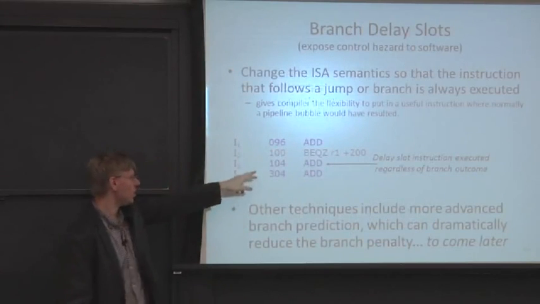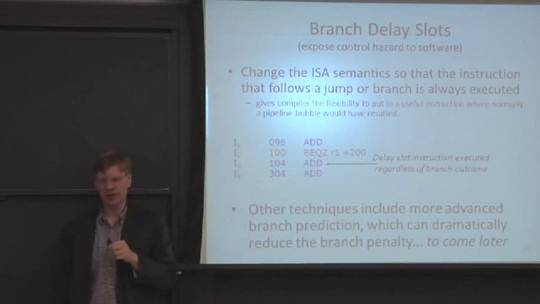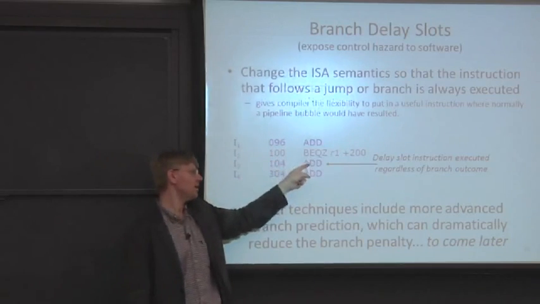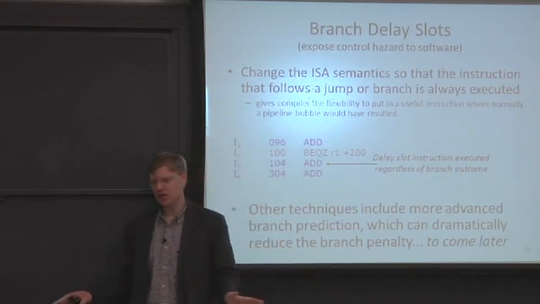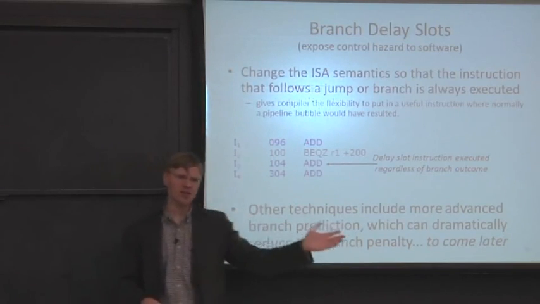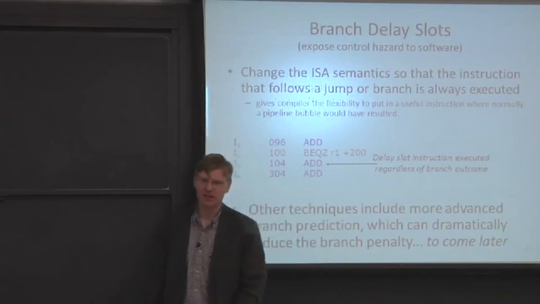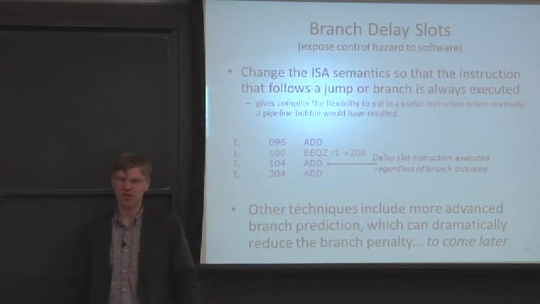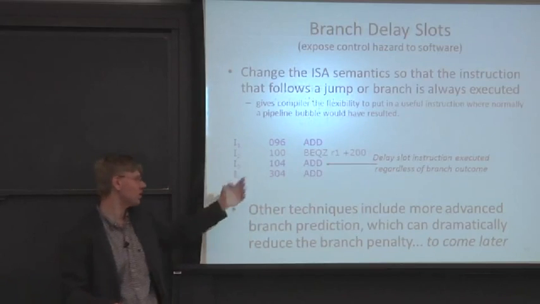So we can say, OK, the branch is at address 100. And this add here at address 104 in the delay slot executes irrespective of whether the branch gets taken or falls through. So then we don't actually have to kill the next instruction after the branch. We don't have to have all this fancy extra hardware there. We just have this always execute.